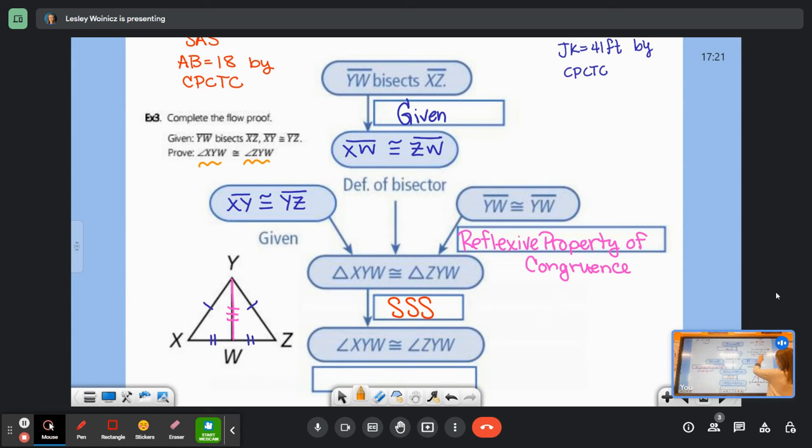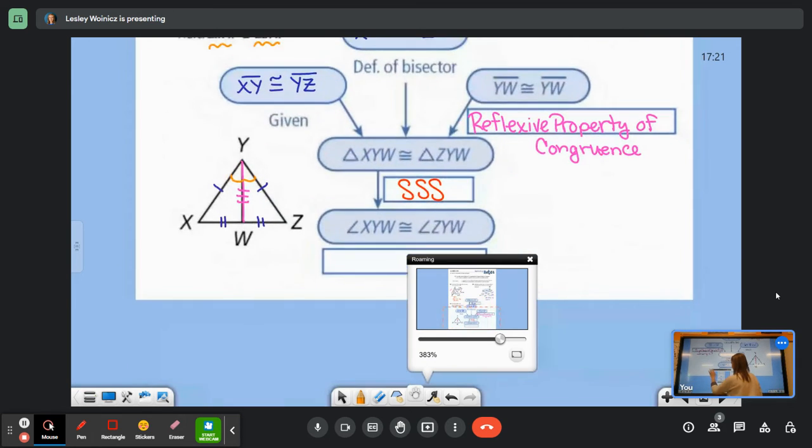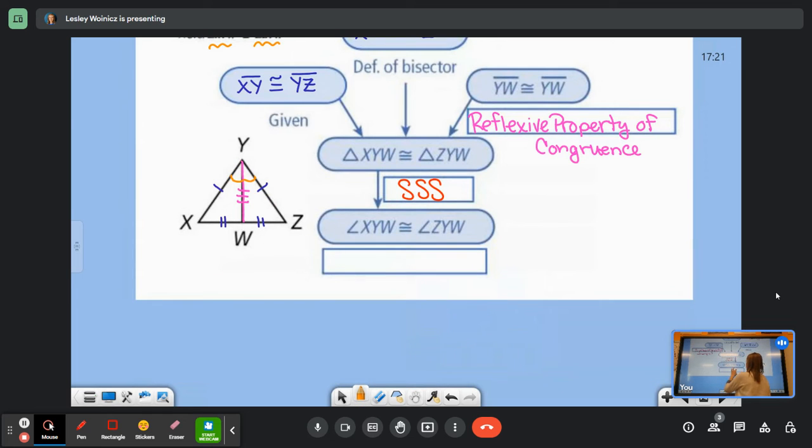So what I want is to show that angle XYW is congruent to angle ZYW, and it is because those are corresponding parts. So I'm going to say corresponding parts of congruent triangles are congruent, and I'm done.